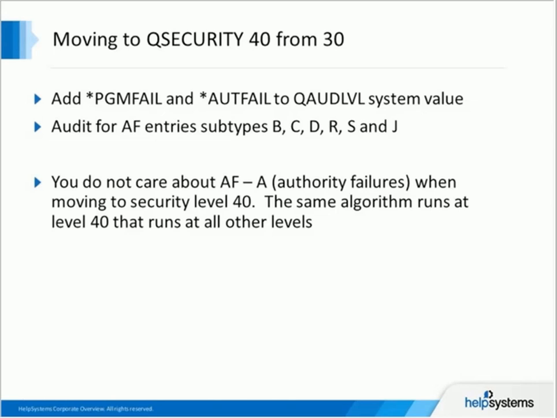What you're looking for are instances where programs may be directly calling an operating system program, for example, or directly accessing an object. And while it throws an exception in the audit journal at level 20 and 30, at level 40 and 50, the program will actually fail. So those are the types of failures that you're looking for if you're at level 30.